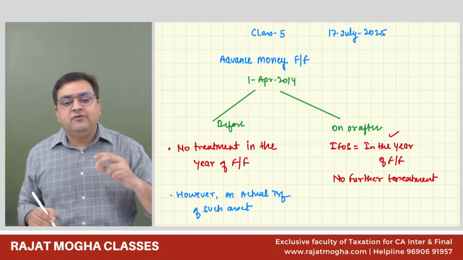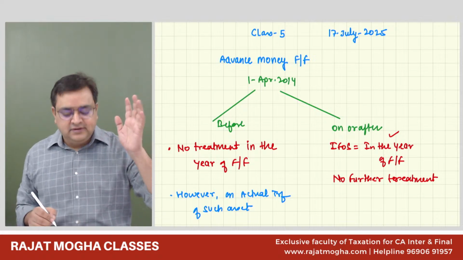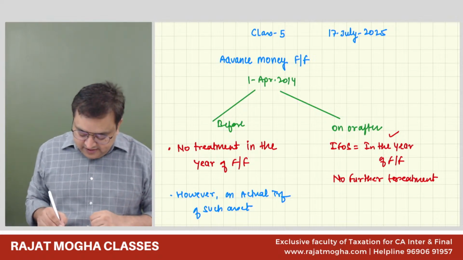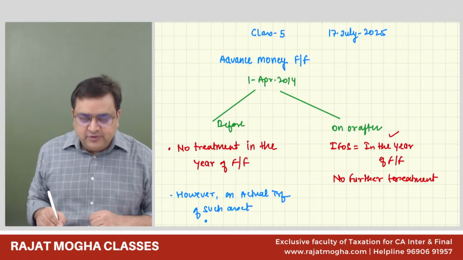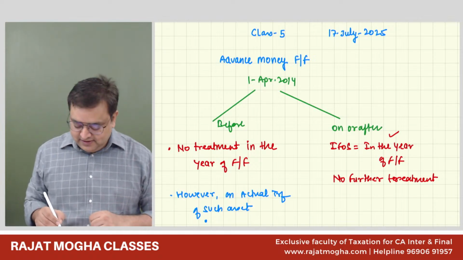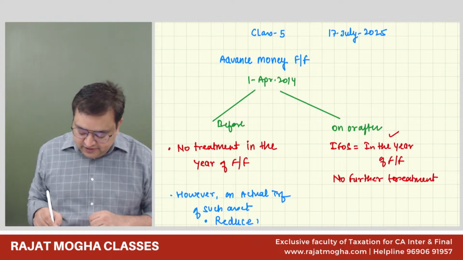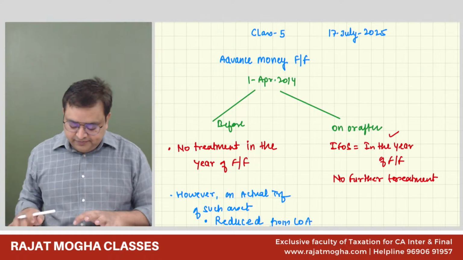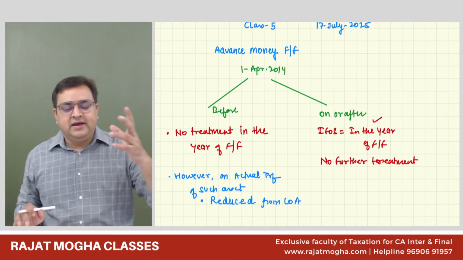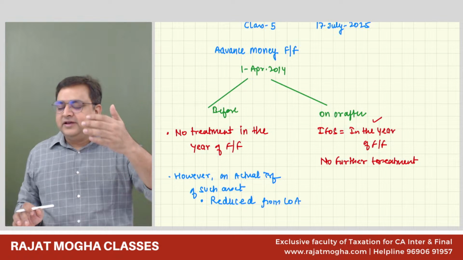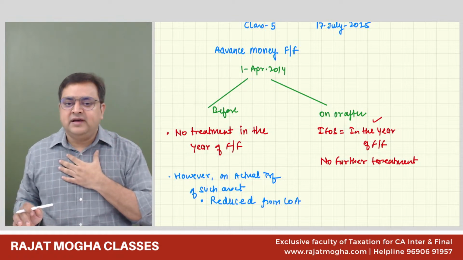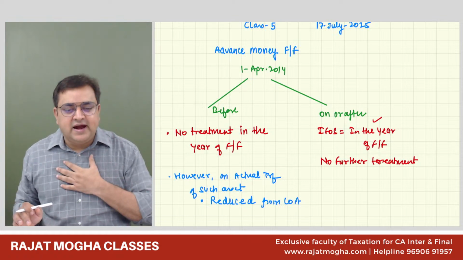So whenever it will be actually sold to somebody else, at that time, what will we do? Please tell me what you will do. Reduce it from the cost of acquisition. Correct. Very nice. It would be reduced from the cost of acquisition. So at the time when I'll be selling it to a third person, let's say, for example, I was the assessee, I was having a land or a building.